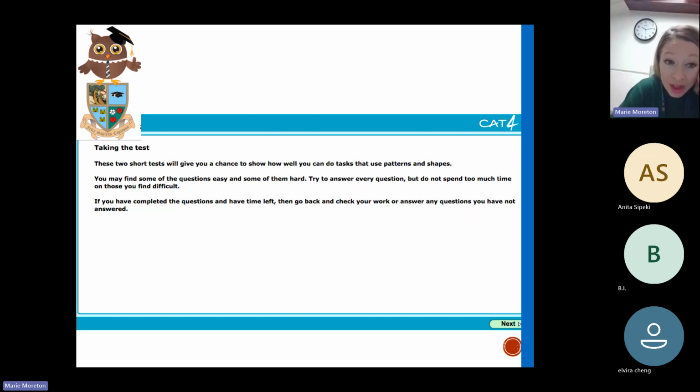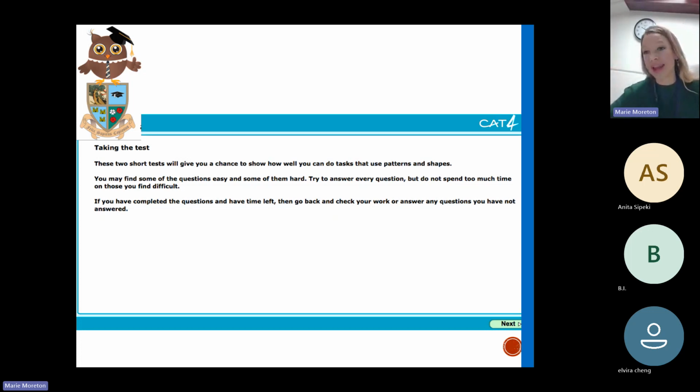The children are told that they may find some of the questions easy, and they might find some of them hard. They should try every question, but not spend too much time on any one. The CAT4 is a timed test, but they have a really long time to do it, and they almost always have lots of time left to go back and check all of their answers.